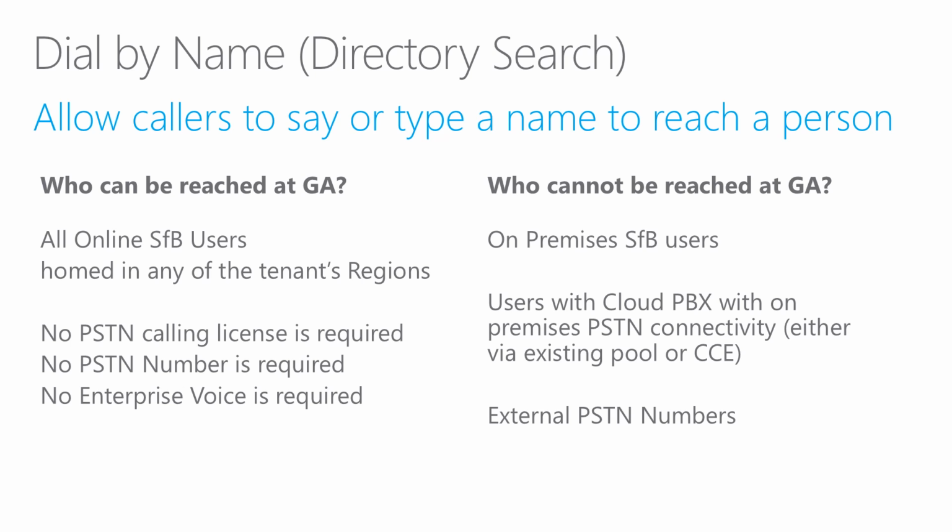They don't need a PSTN calling license to be reached. They don't need a PSTN number, and they don't need enterprise voice. They do need a Cloud PBX license. On-premises Skype for Business users with Cloud PBX, with on-premises PSTN connectivity via the existing pool or CCE, or perhaps an external PSTN number, those cannot be reached within the product right now.